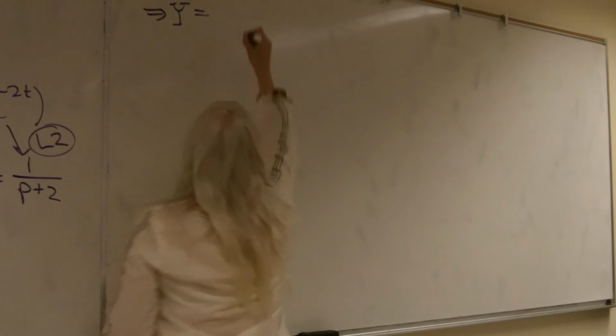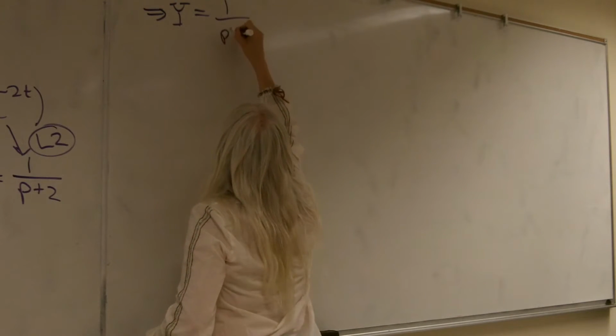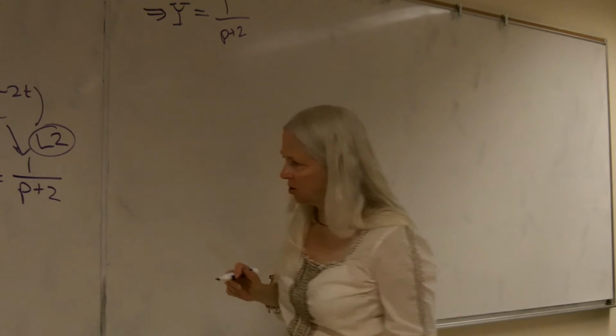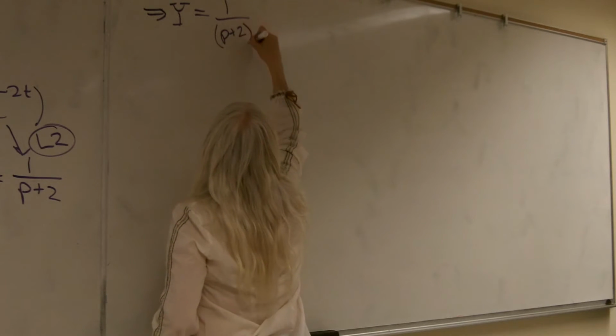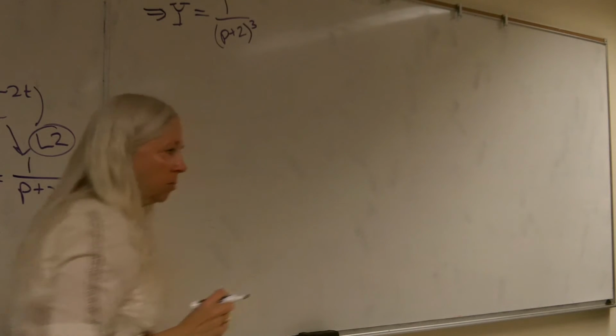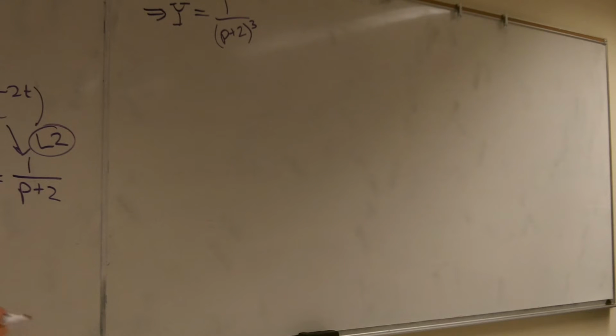We've already got a 1 over p plus 2 on the other side in the first term already, so when we divide by p plus 2 quantity squared, that'll combine with what we've already got in that term to give us a 1 over p plus 2 quantity cubed.